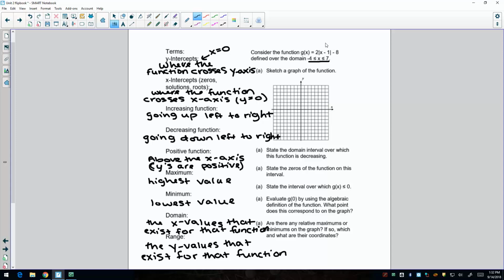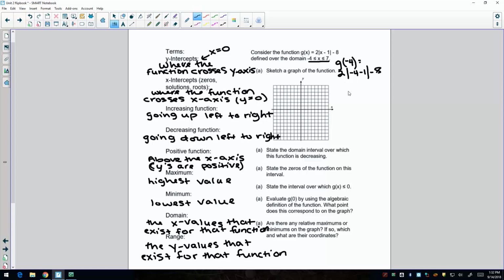I'm going to start by showing my work for the first one, but there isn't very much room. Maybe I'll do a couple, but then I'm going to just do them in my head. First I'm going to plug in -4. That's going to look like 2 times the absolute value of -4 minus 1, minus 8.